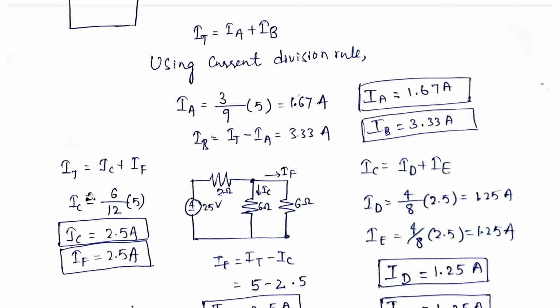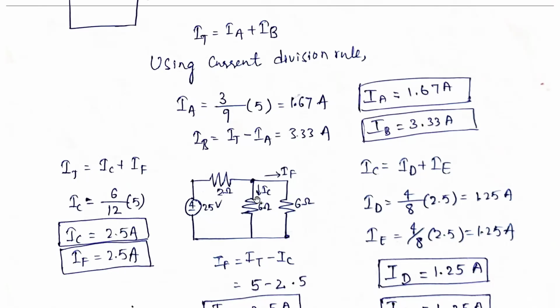So here also what we are doing is, this particular current is equal to this current plus this current. So we need to find out IC and IF, same current division rule. Okay, so current division rule. If you want to find out this IC, it means opposite resistance divided by total resistance into the current in this particular thing.